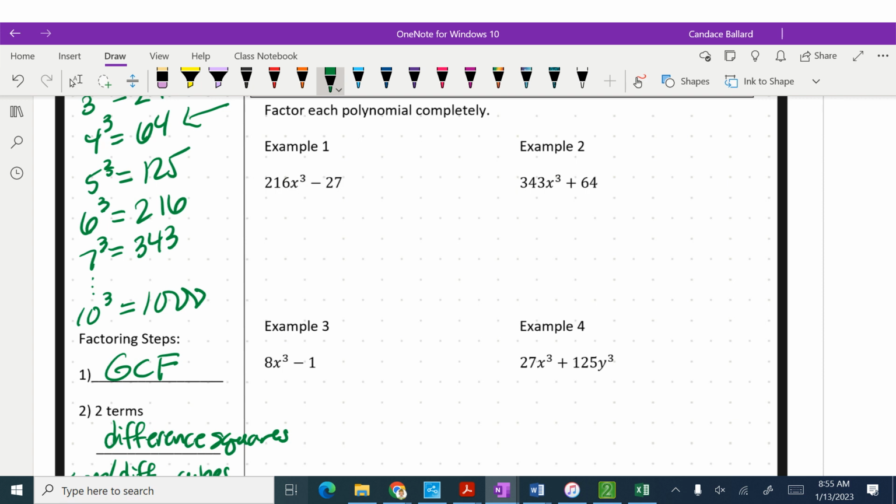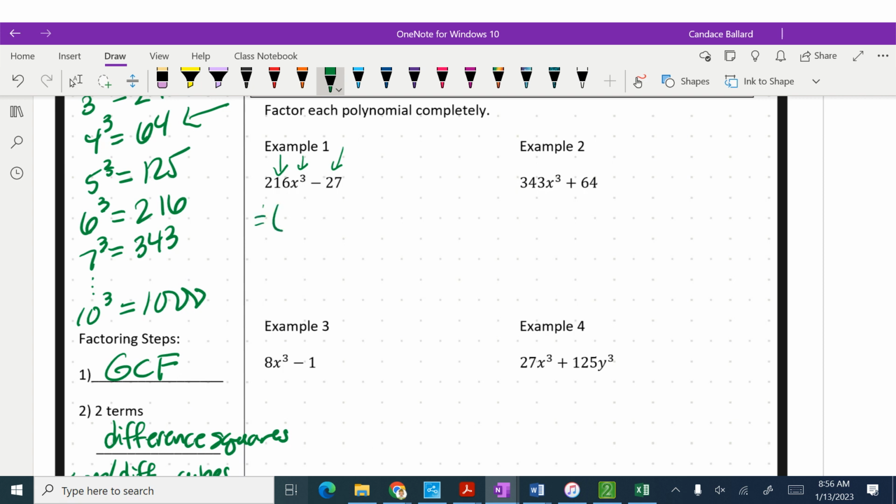Oh, 3 might, but that's not what I was going for. So we're going to pretend there's not a greatest common factor. How many terms are there? 2. So I have to determine if they're squares or cubes. Is 216 a square number or a cube number? Cube number. Does x cubed qualify as a square or a cube? Cubed. What about 27? Cube. So I know I'm doing sum and difference of cubes.